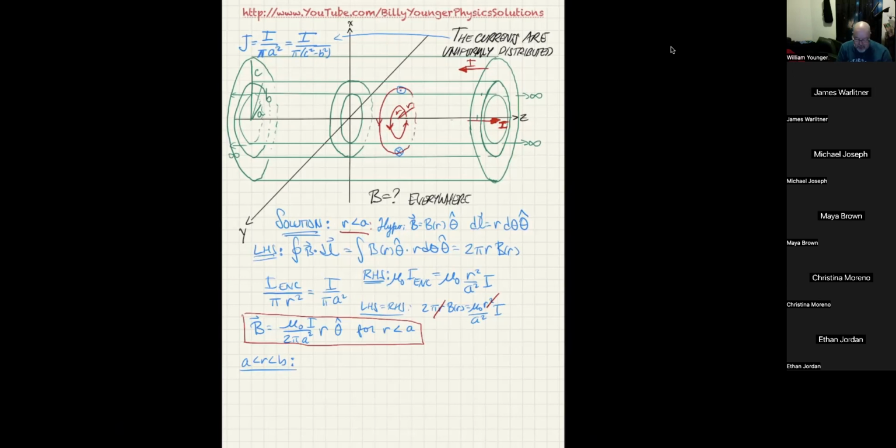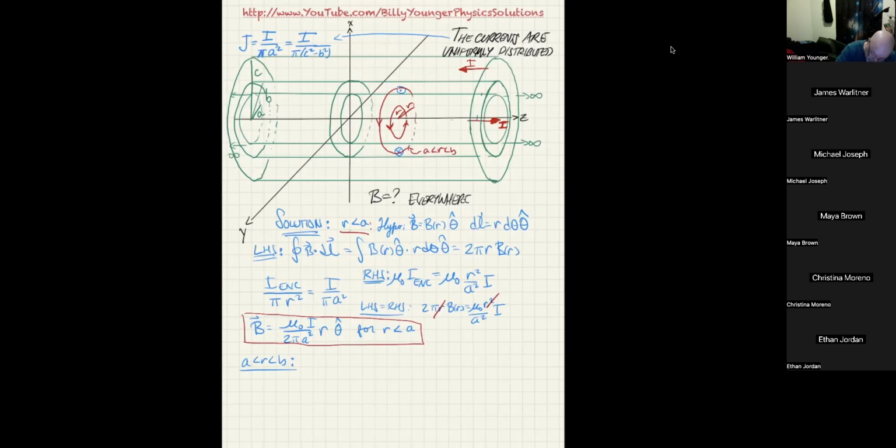What current is enclosed in that new second Amperian loop that I drew? I. Exactly. Whereas that last one, it was a part of it. So this one should be easy peasy.